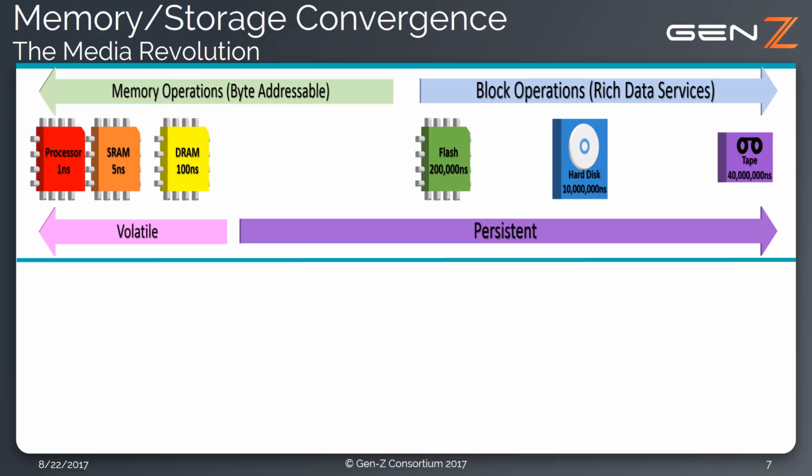Flash memory, i.e. memory used in solid-state disks or SSDs, is fast by storage standards at 100,000 nanosecond access latencies, but this is very slow compared to our volatile memory types. Traditional hard disk drives and tape drives round out the block devices category, but the access speeds here are glacial compared to our volatile memory devices.